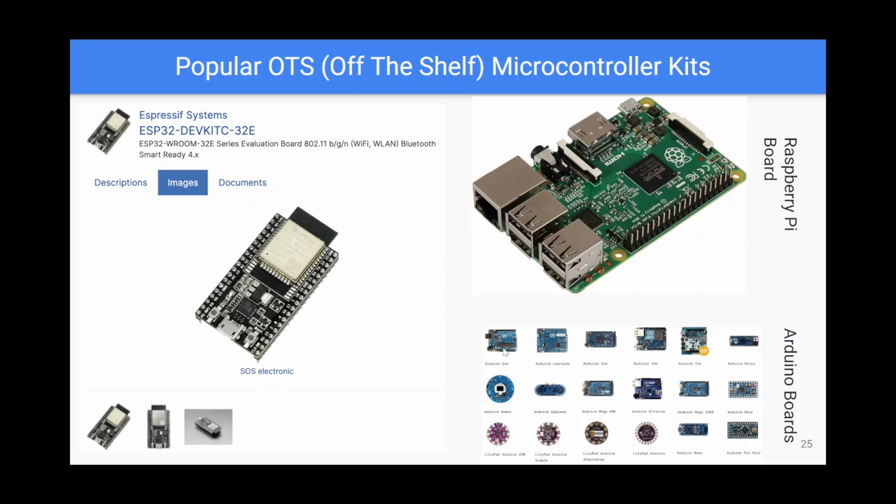I showed you this picture in the beginning of the slides, but there are many variations of Arduinos, which can be as tiny as you can see with these boards. We will be working with Arduino boards, Raspberry Pi, Espressif Systems, and also a kit from Microchip and ST Microelectronics, to give you enough of a base to do well, not only in this course but also in your future endeavors relating to employment.